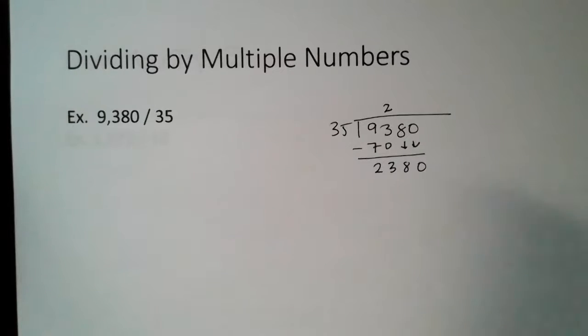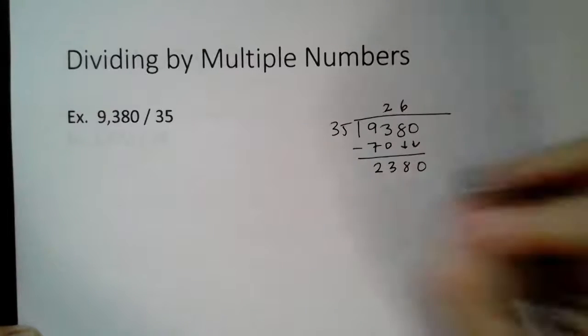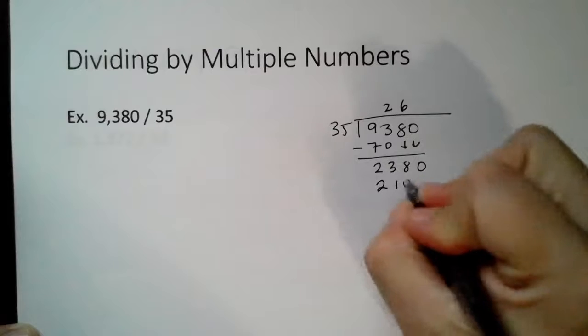Would 7 work? What would 7 times 35 be? So let's try it. 35 times 7 would actually be too large as well. So then we'd have to do 35 times 6. So we do 6 here, so that becomes 210.